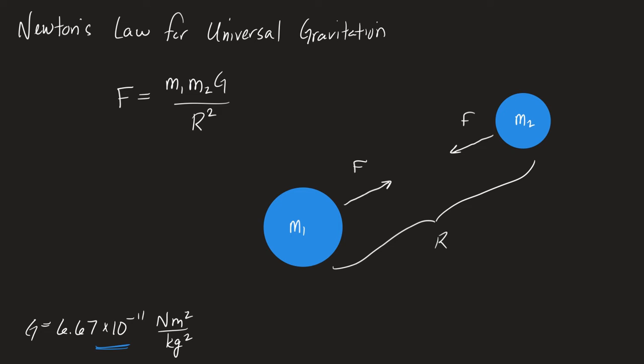To put this in perspective, let's consider the force of attraction between any 2 of you in the classroom. Let's say that the 2 people we're talking about each have a mass of 60 kilograms. And let's say you're talking about somebody across the classroom who is 5 meters away. Using your calculator, find the force of attraction between these 2 people.